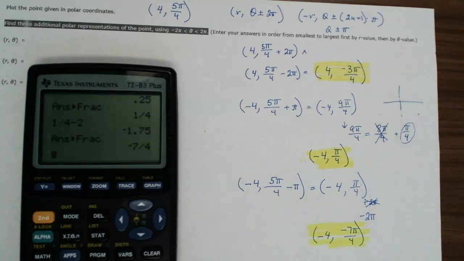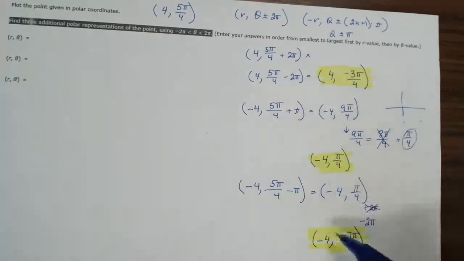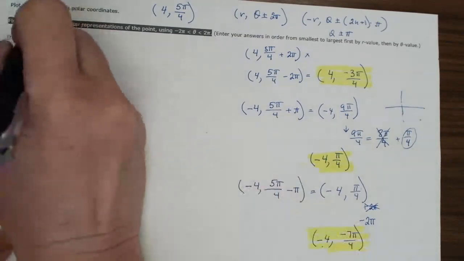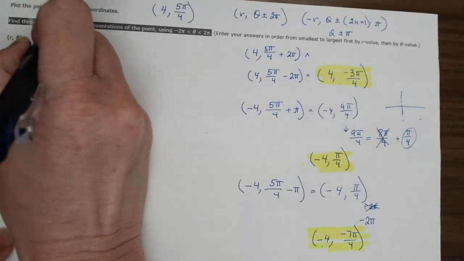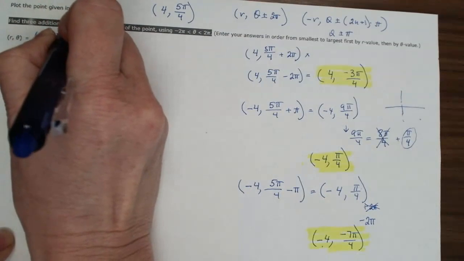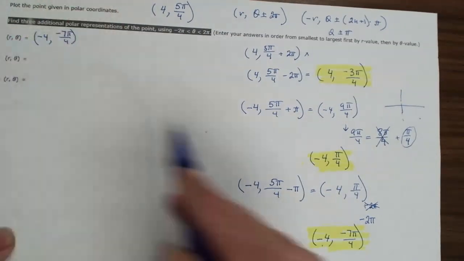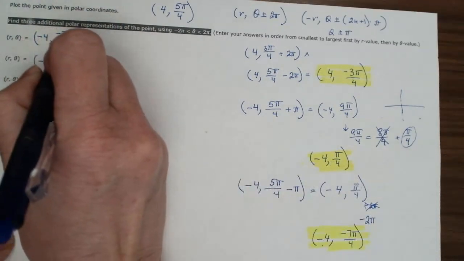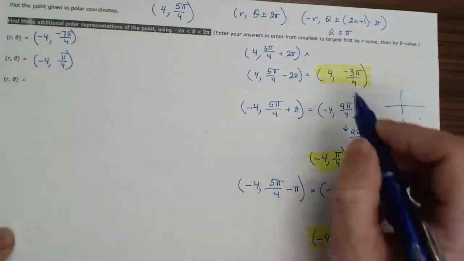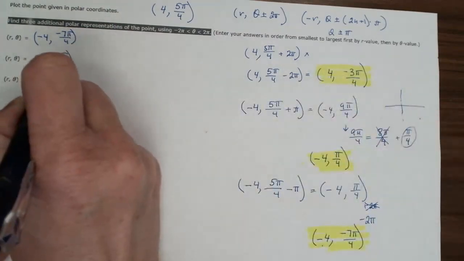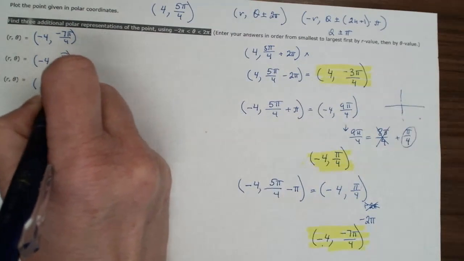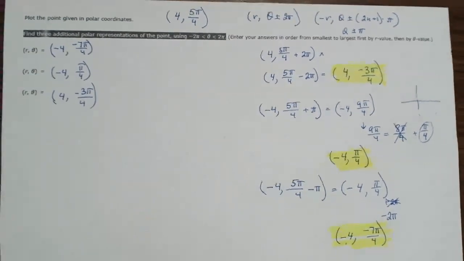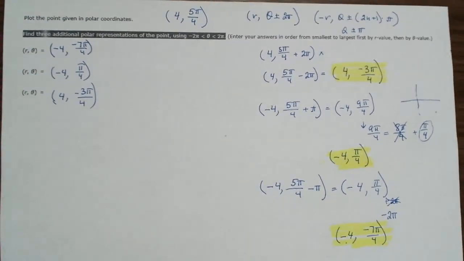So now we have to find the smallest one. Negative r, and this is a negative angle, so it will be negative 4, negative 7π/4. This will be the second answer. And this will be the last, the point with the greatest values.